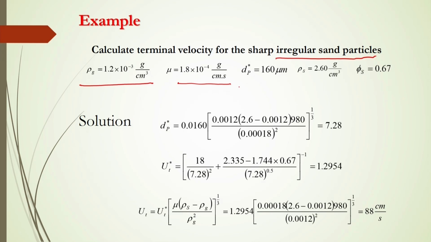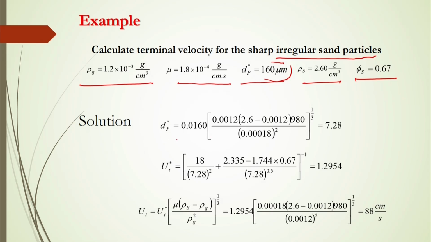This is at standard condition at 20 degrees centigrade, whereas dp is 160 micrometer, and the density of the solid is given here as 2.60 gram per cc, sphericity is taken as 0.67.